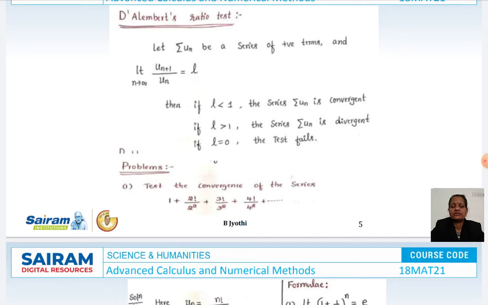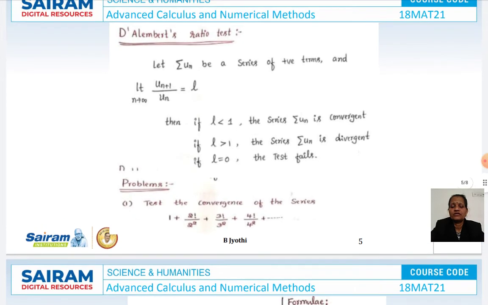Let us look into the example. Test the convergence of the series 1 plus 2 factorial by 2 square plus 3 factorial by 3 cube plus 4 factorial by 4 to the power 4 and so on. In order to test whether it is convergent or divergent, we first write it in the form of un.